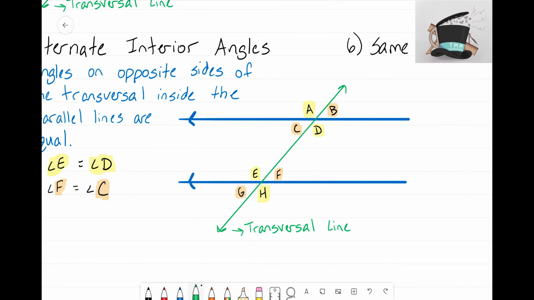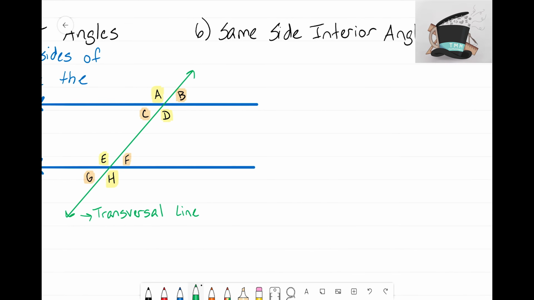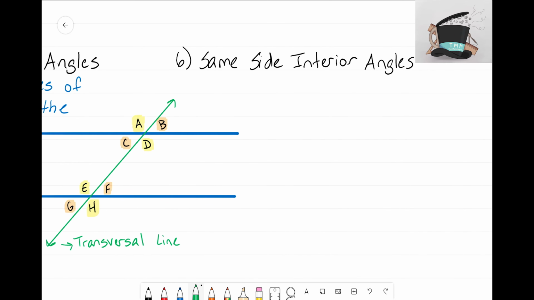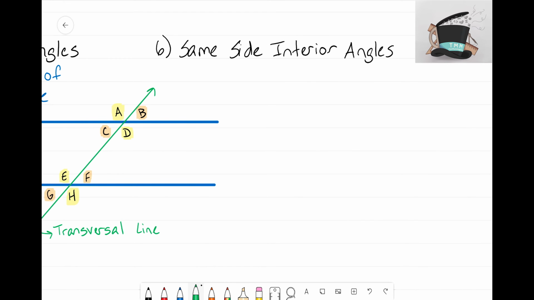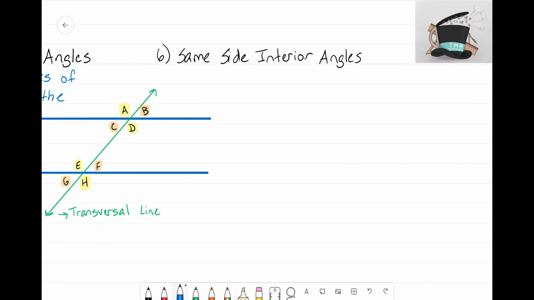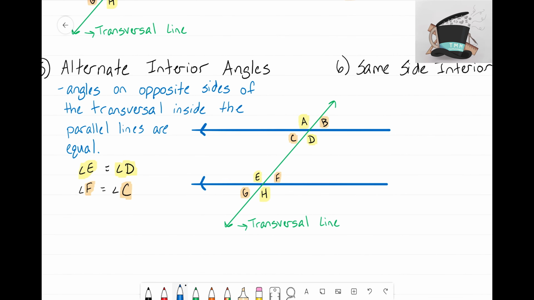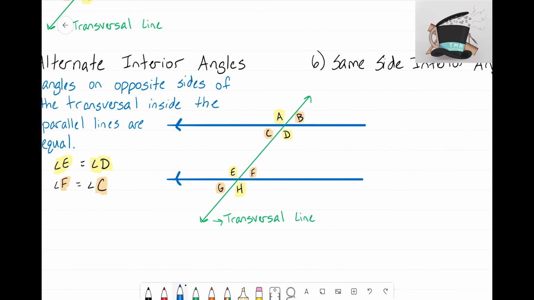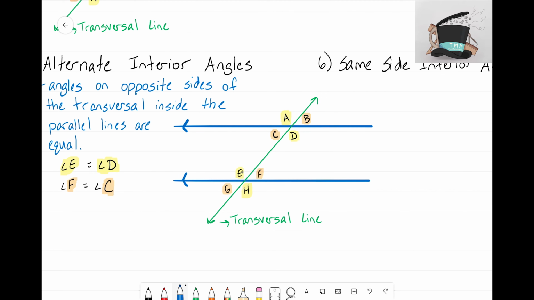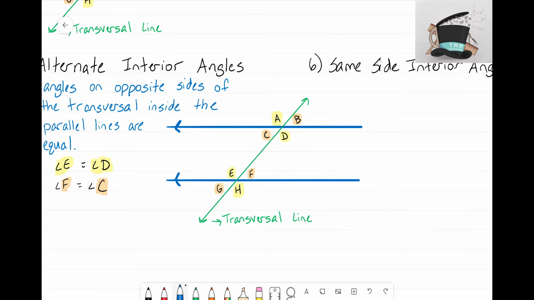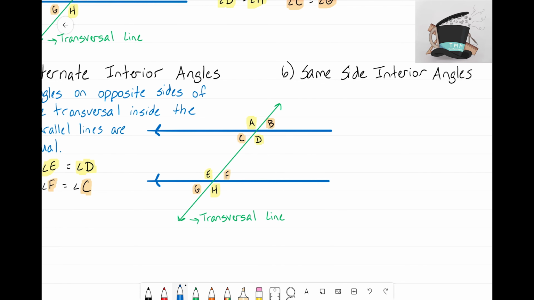Let's jump over to our sixth one, which is called same side interior angles. Very similar to what we just talked about with alternate interior, but this time instead of looking at the angle on the opposite side, we're going to look at the angle on the same side. Let's write out our definition for same side interior angles.